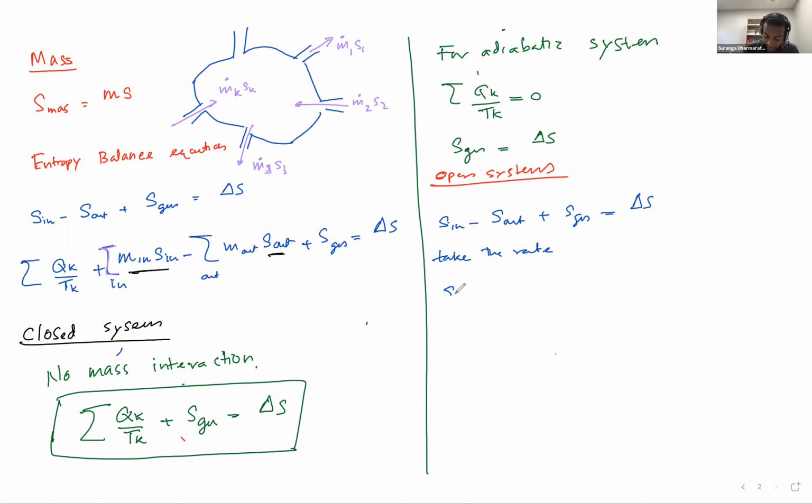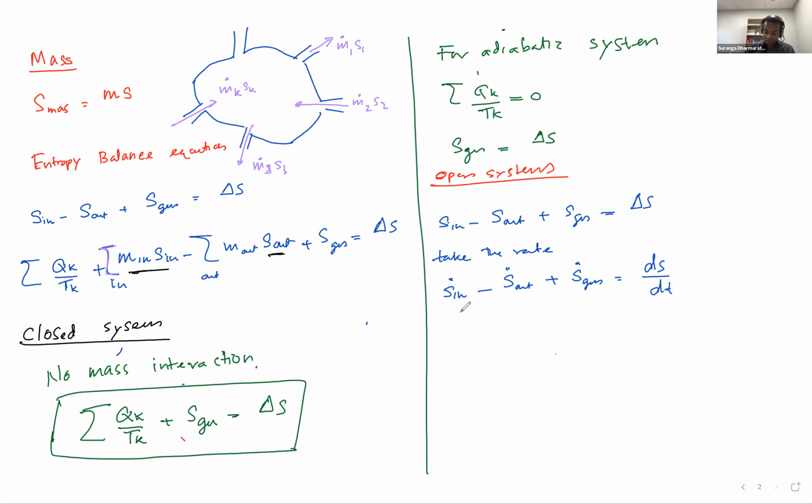So I can write S dot in minus S dot out plus S dot gen, the time rate of entropy entering, leaving, and the rate of entropy generation, equals dS over dt.